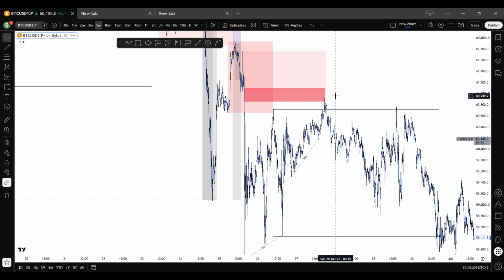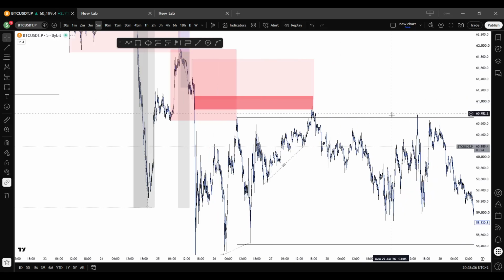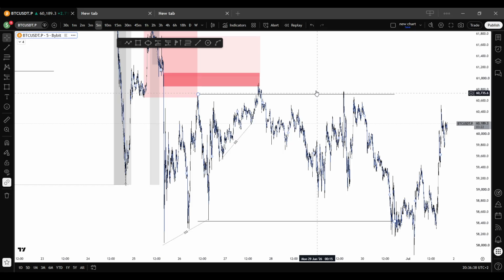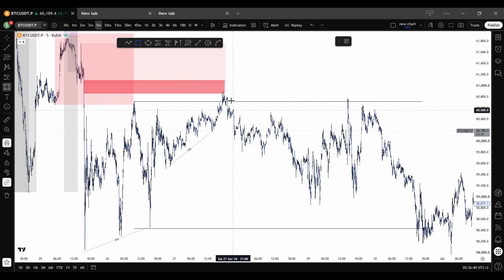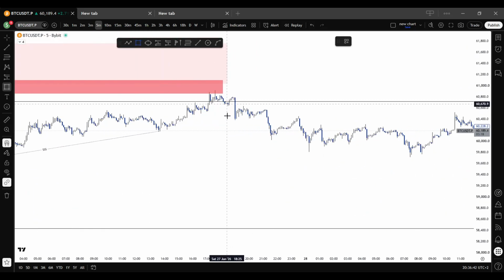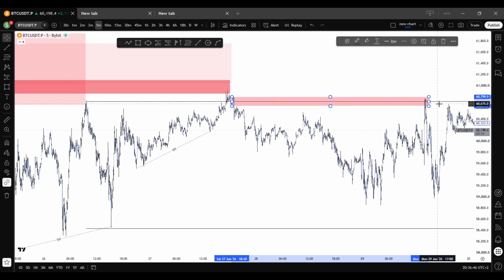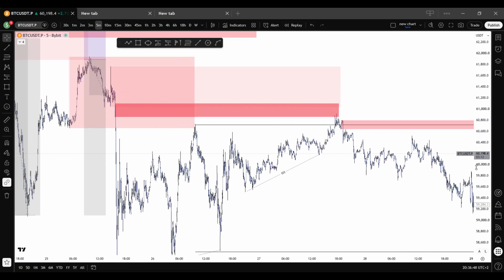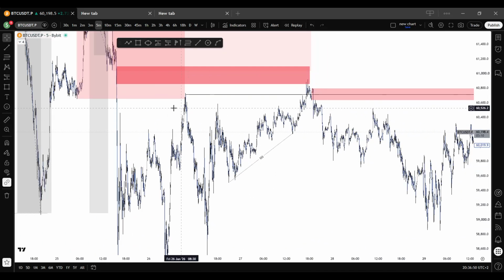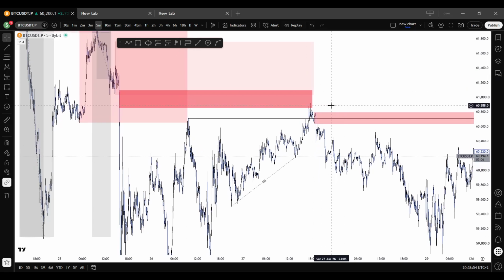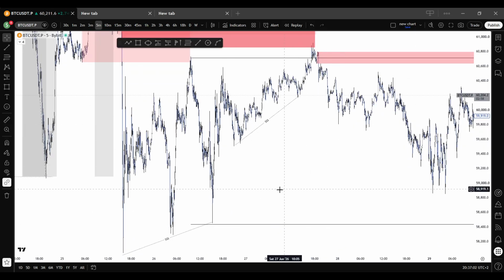Okay, basically we had our POI mapped out, and if you want an explanation video about range deviations, I'm going to do it, but I think most of you guys already know it. What happened here was that we deviated this range high, and for a range deviation, you look for a low time frame break that closes back inside the range, and then we're expecting a rotation back to the range low.